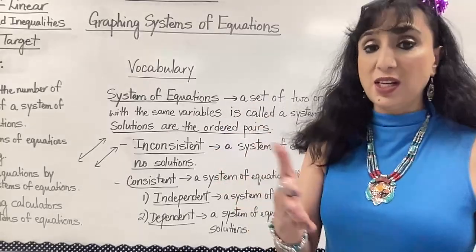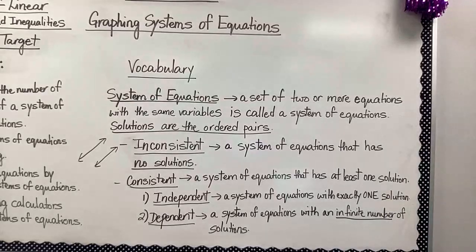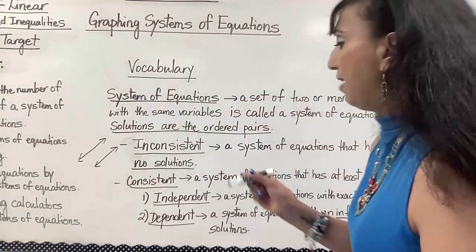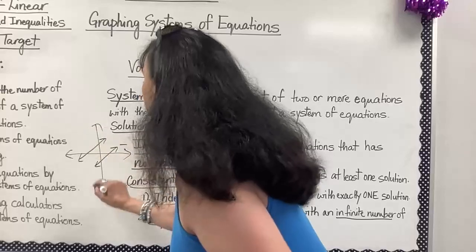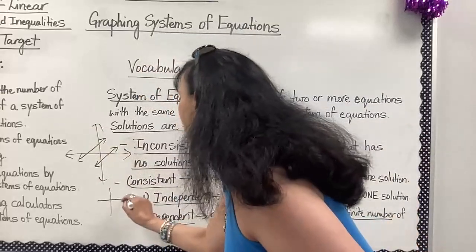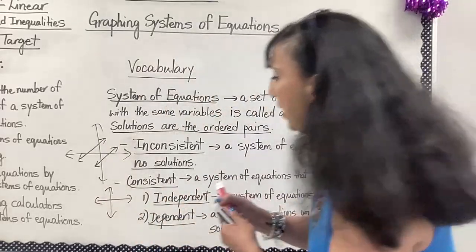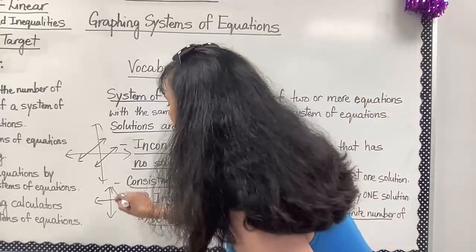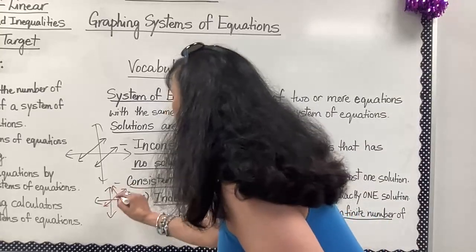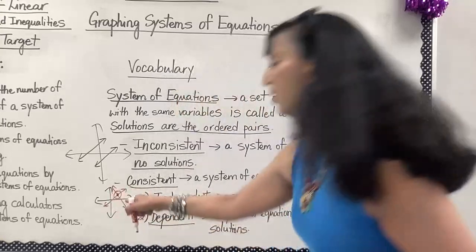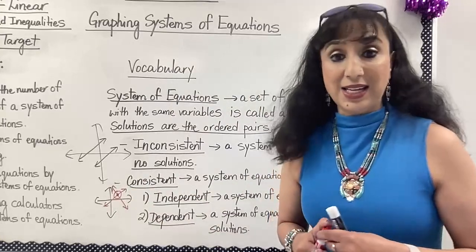So just one solution. The consistent independent system, in a coordinate graph, of course, looks like this: if one line is plotted like this and the other one is plotted like this, there is one place where they intersect.